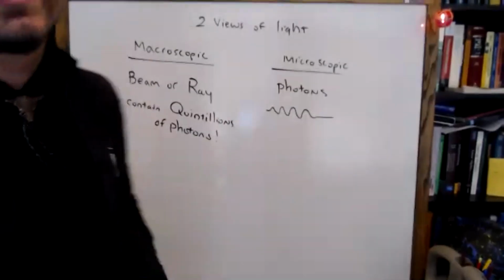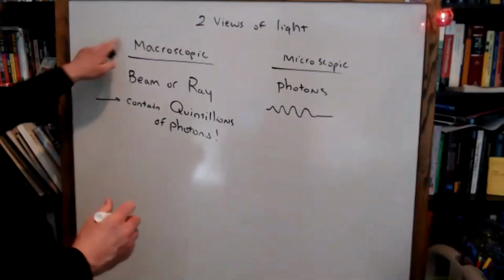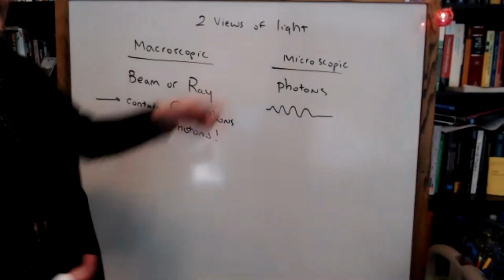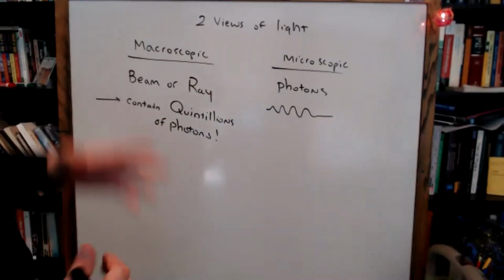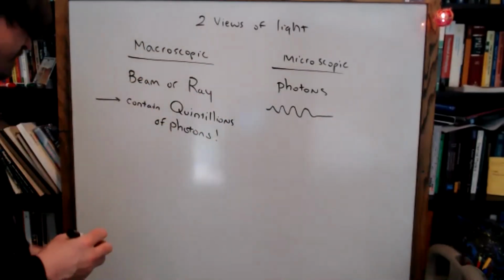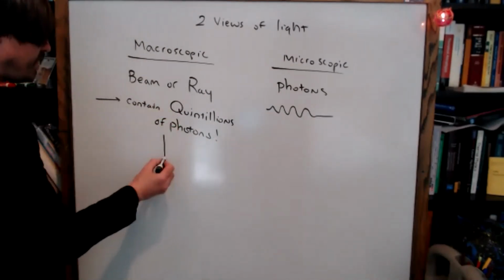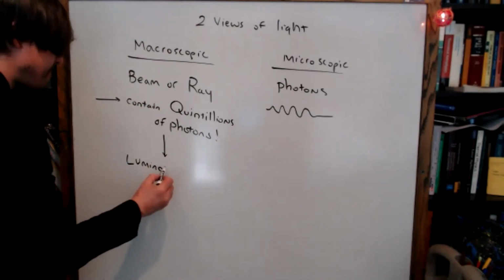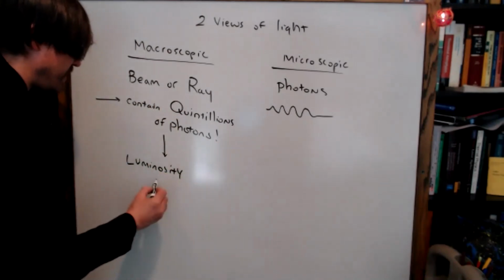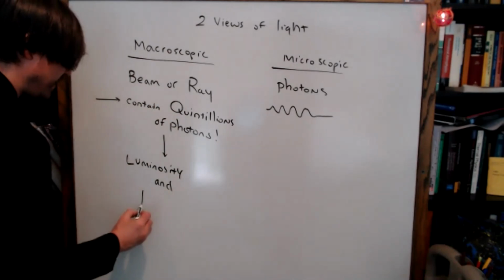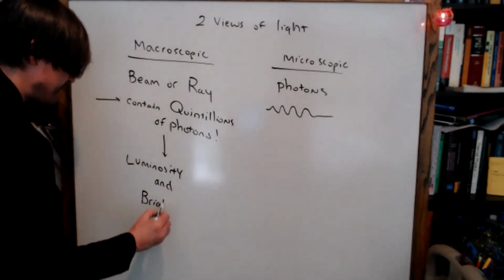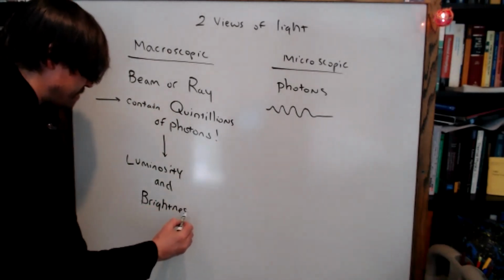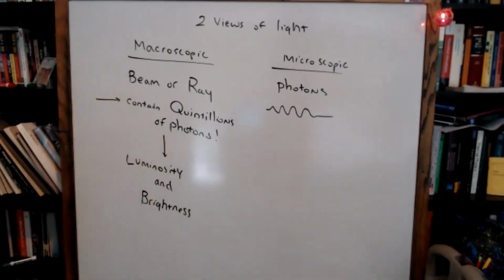Okay, let's talk about macroscopic views of light. Then we'll transition to microscopic views of light. I have things to say about both. Some macroscopic properties of light include the quantities luminosity and brightness. And these two things are what I'd like to talk about next.